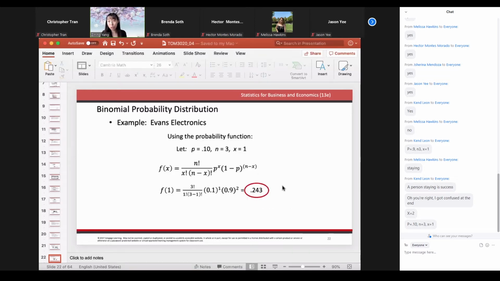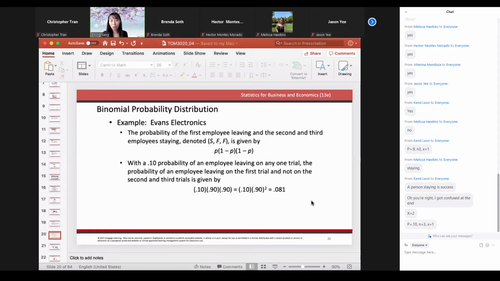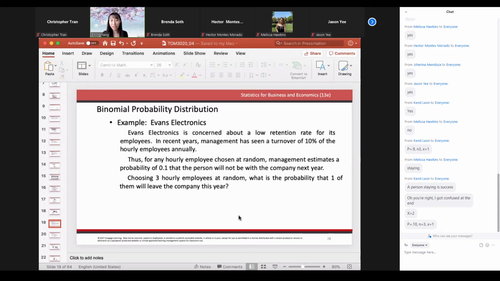That's 0.243. So now my question is, how do you interpret this 0.243 when we go back to the exact question? What is that probability? What's your understanding of this number?